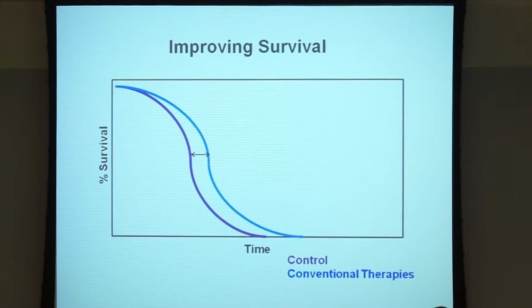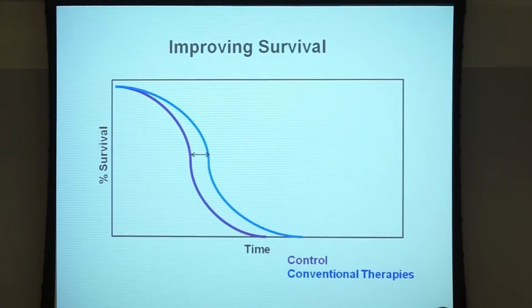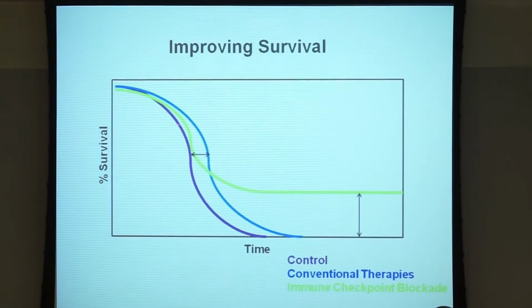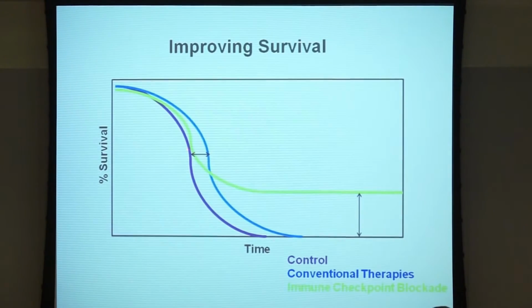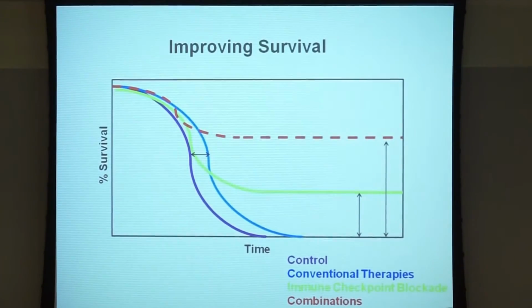You get improvement there, but the tail of the curve doesn't seem to be affected very much. If you give somebody immunotherapy like ipilimumab, at the beginning the survival isn't improved very much. But then you've got this tail on the curve that's very nice. So what we're hoping to do with combining them is get a survival curve that looks like this.